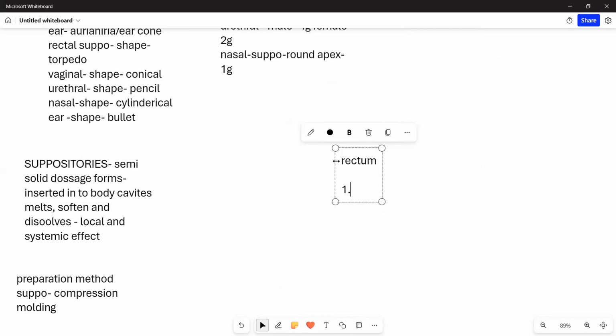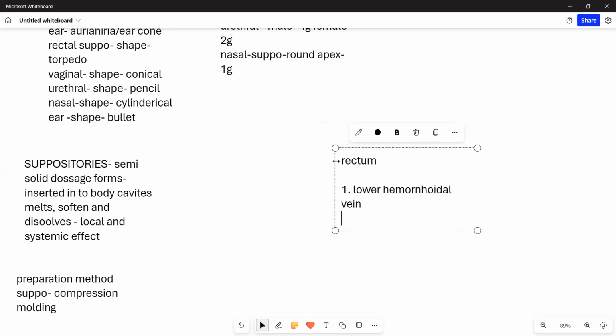Let me type for you, guys. First one is the lower hemorrhoidal vein. Next one is the middle, and third one is the upper.